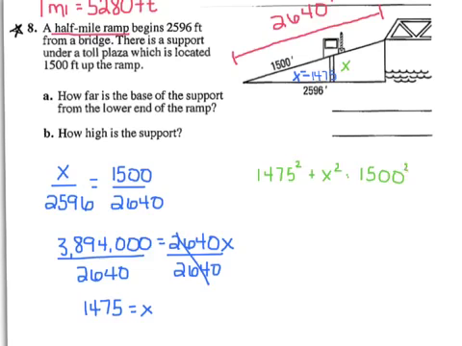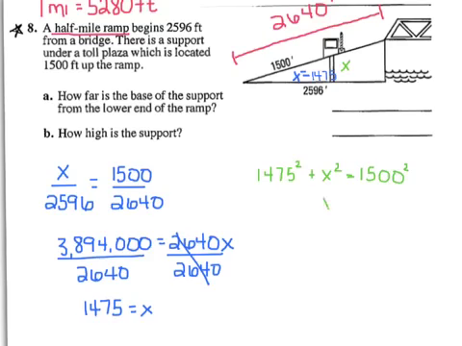Again, looking at this right triangle, the 1,500 is your hypotenuse. I'm going to do this kind of all in one big chunk here. I'm just going to take 1,500 squared, just because I don't want to take the time to write down all these big numbers. 1,500 squared and just subtract 1,475 squared, all in one shot. That comes out to 74,375.